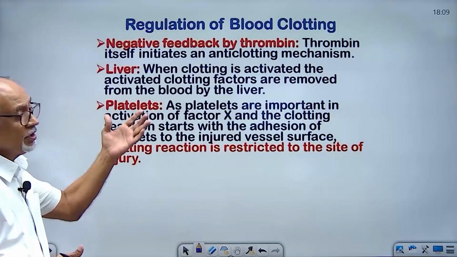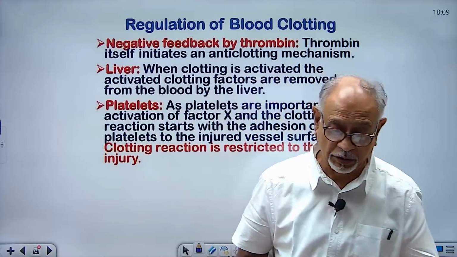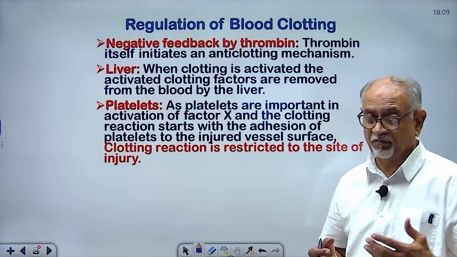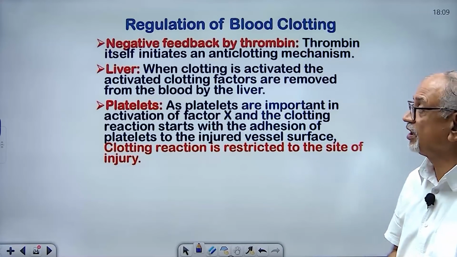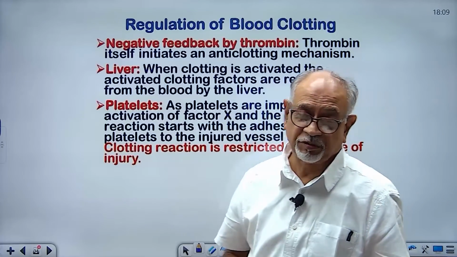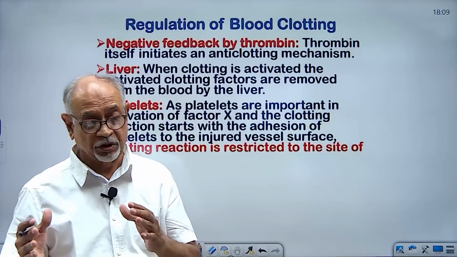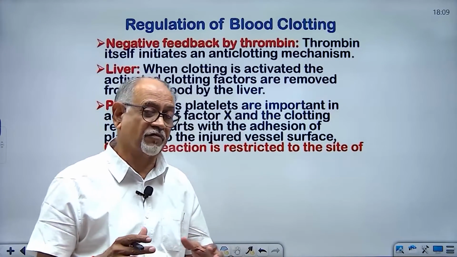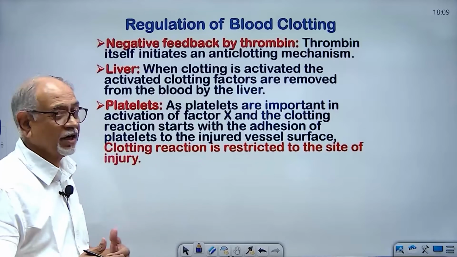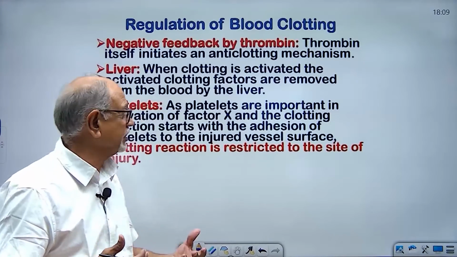Then the liver also plays an important role in preventing the formation of clot inside the blood vessels. That is, it inactivates the activated clotting factors after their work is over, so that they will not cause any blood clotting further.